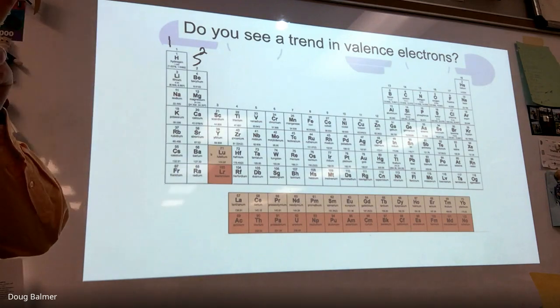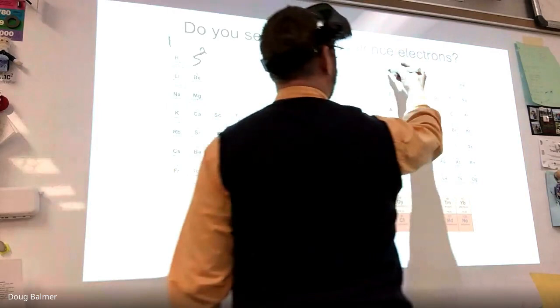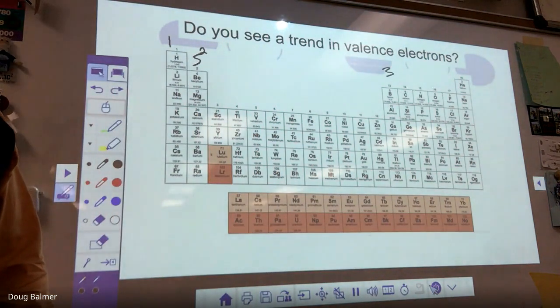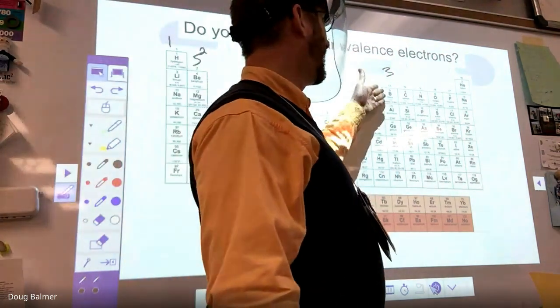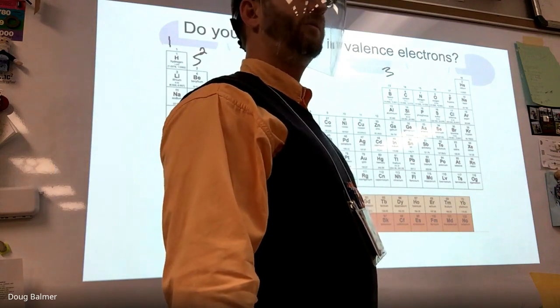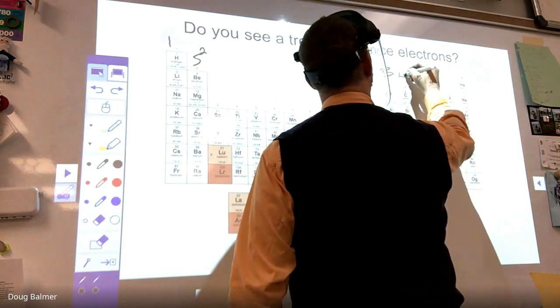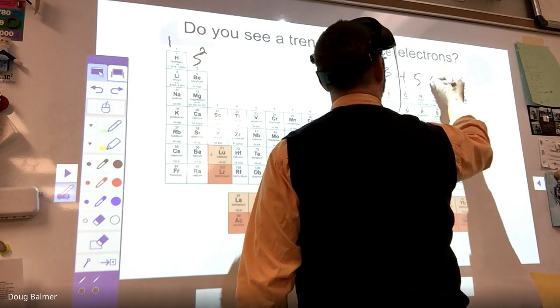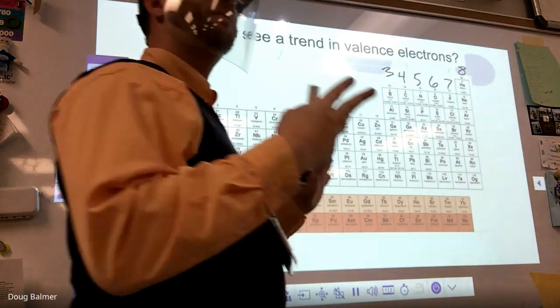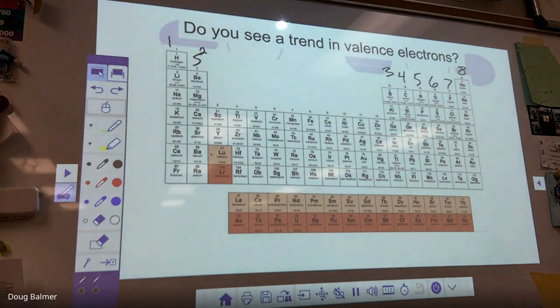Put that together, 3 valence electrons. Now, it's not in column 3. You'll just have to use the last digit of the column number. So column 13, because they're all S2, P1 configurations, it'll always be 3 valence electrons. And then 4, then 5, then 6, then 7. Column 18 would have 8 valence electrons.